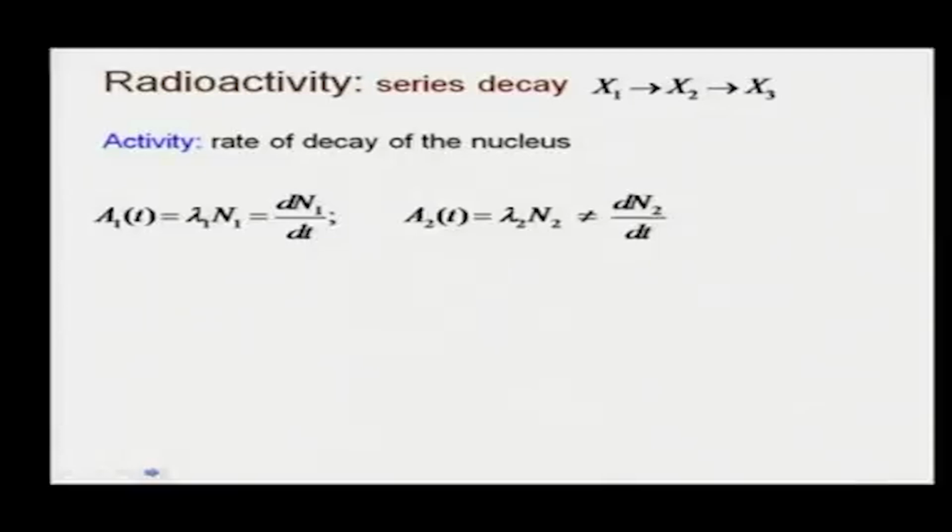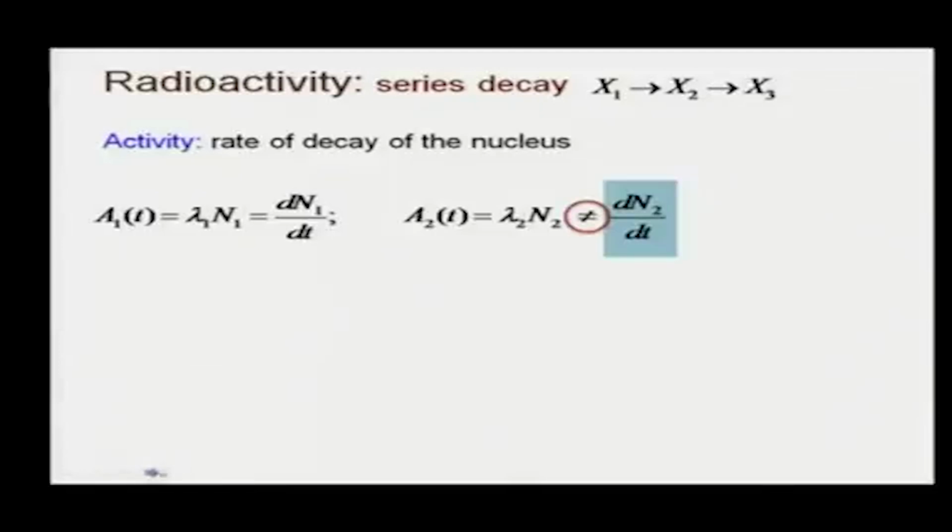Whereas, in the case of x 2 type of nucleus, we have a 2 equal to lambda 2 n 2, which is correct, that is the activity that is going on, but that is not equal to dn 2 by dt, because dn 2 by dt has two parts in it.